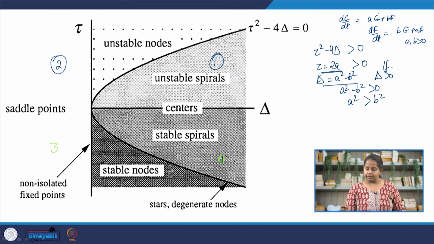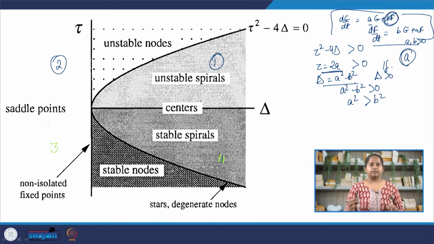Now if we look at it in our equation, which is written here in small font, a square being bigger than b square means that G and F are kind of people who rely on their feelings more to decide how they are going to respond to a person compared to the feelings of the other person, which is B. A is how my own feelings affect how I think about the other person over time. B is how the other person's feelings towards me will affect how I think over them.